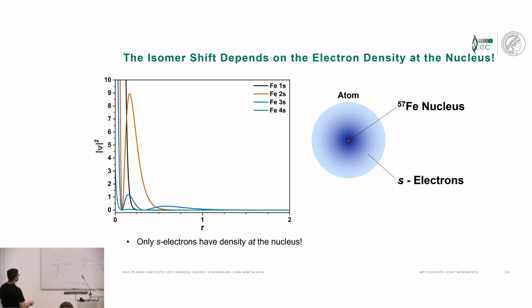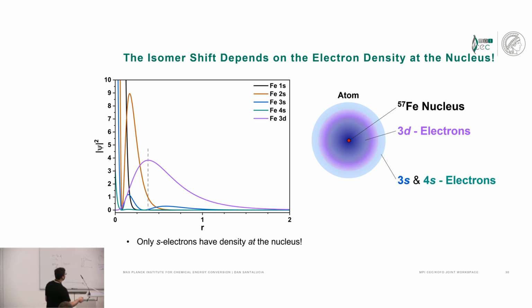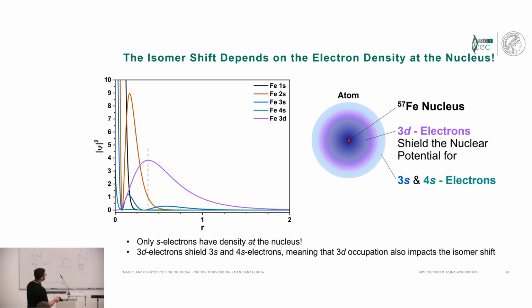Now for iron-57, we also have other valence electrons, and it turns out you can show that 3d electrons are a little bit radially smaller in their extent than the iron 3s and 4s orbitals. And so the 3d electrons end up shielding those 4s and 3s potentials, which means you have an indirect impact where if you change the d electron count, so the oxidation state, and also the spin state matters too, right?